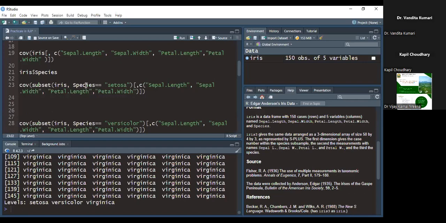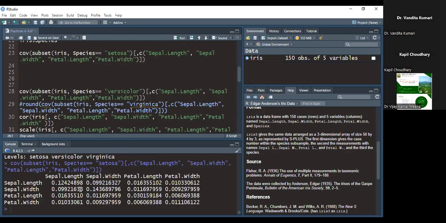In the species column, we are going to select only Setosa. Only Setosa will be selected, for all the rows, and the columns will be only sepal length, sepal width, petal length, and petal width. Here we are not having any species, since we are already selecting only the Setosa species. So this will be the variance covariance matrix of only species Setosa, not for the other 2.